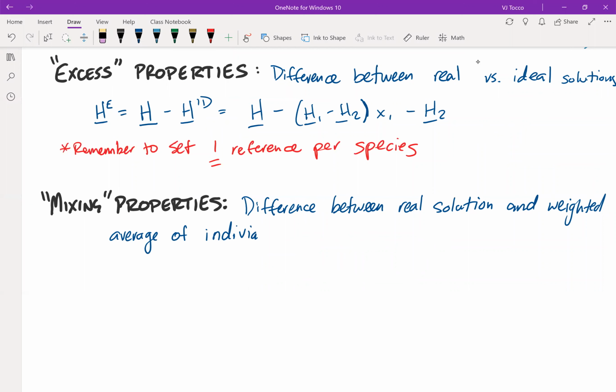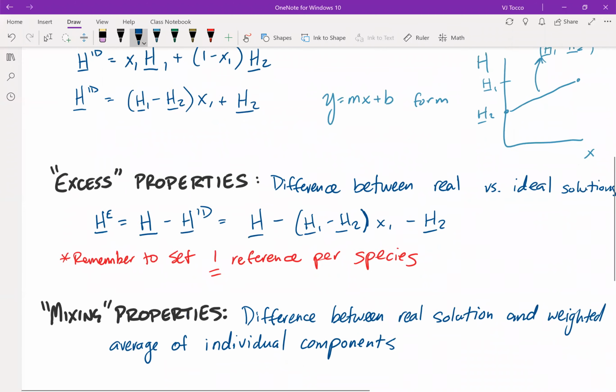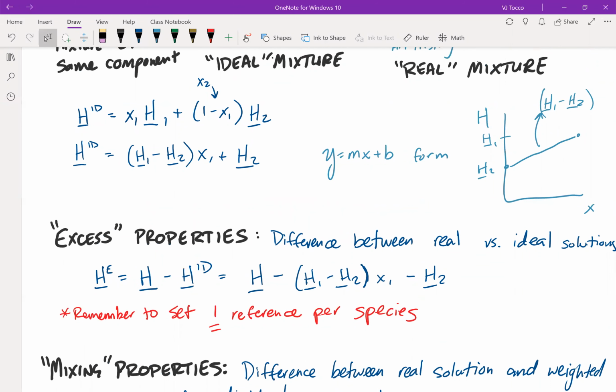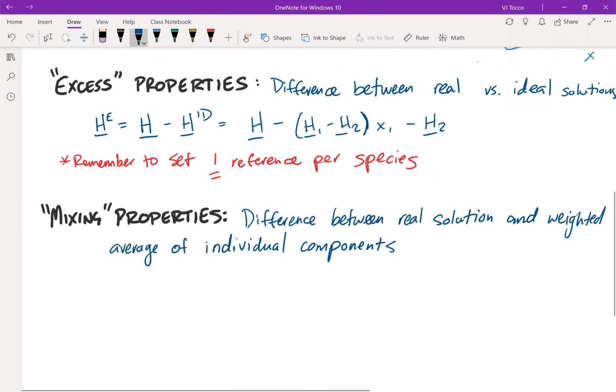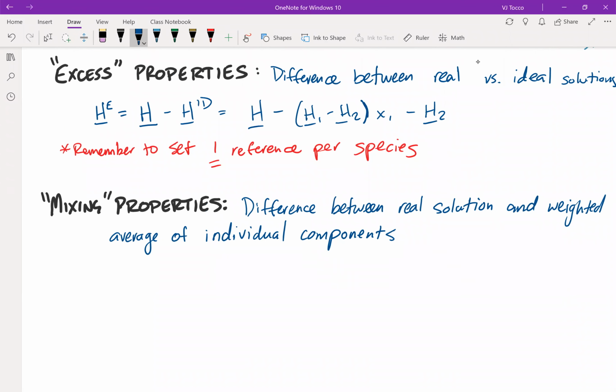And importantly, for properties like enthalpy, the ideal enthalpy was exactly that. This is a weighted average of the components. So for enthalpy, for instance, excess and mixing properties are exactly the same.